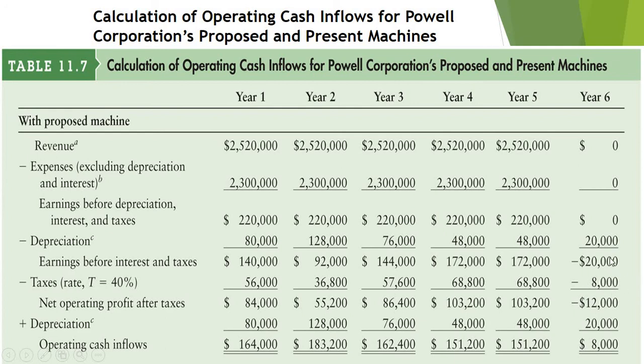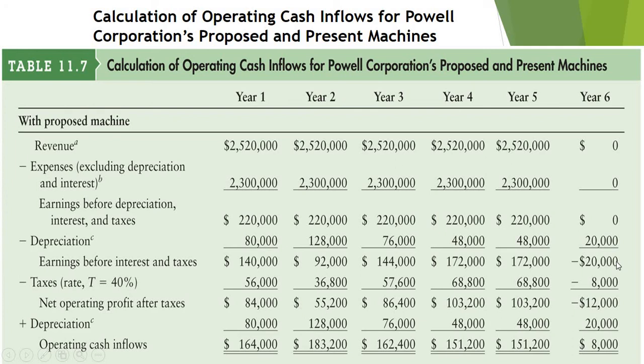This is because for year number 6 there is a negative earnings before interest and taxes, and this will save $8,000 in taxes on the firm's operating income. As a result, there will be a net operating profit after taxes of negative 12,000.